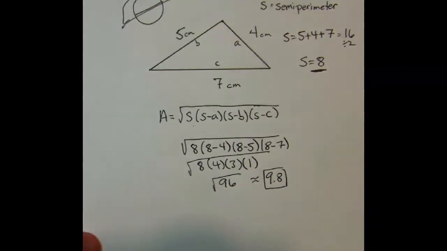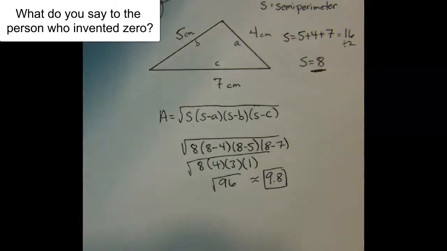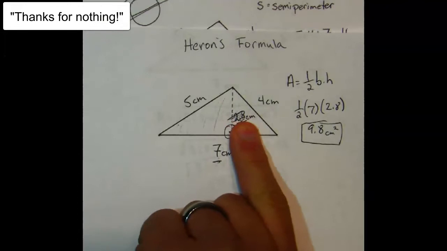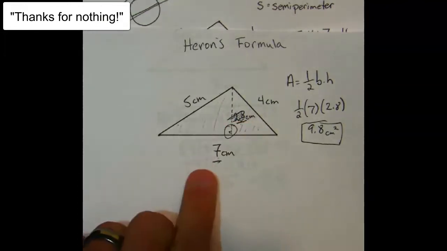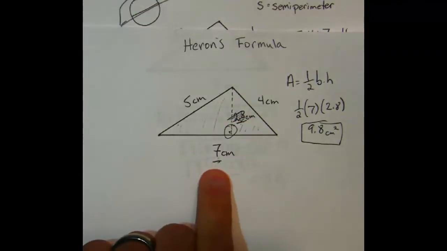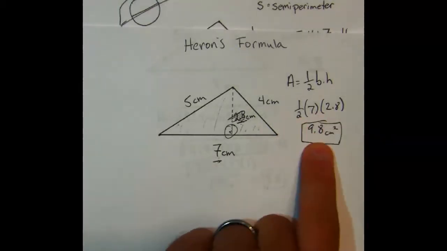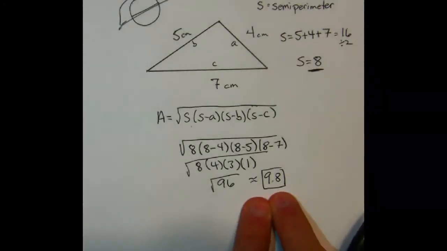Now let's go back to our original picture. The original picture, they gave you a height of 2.8 and the base 7. And we put in the base times the height divided by 2, 9.8. Using Heron's formula, we also get 9.8.